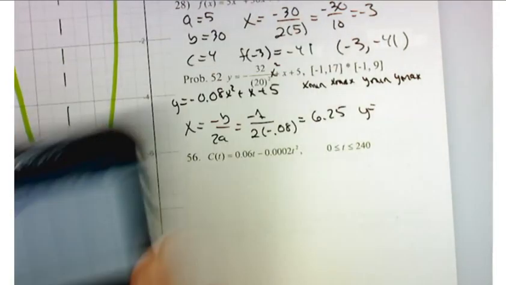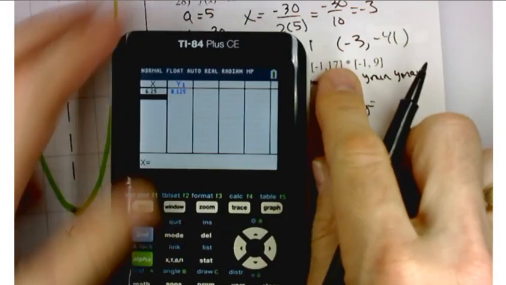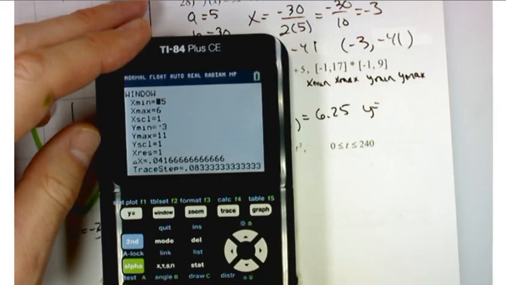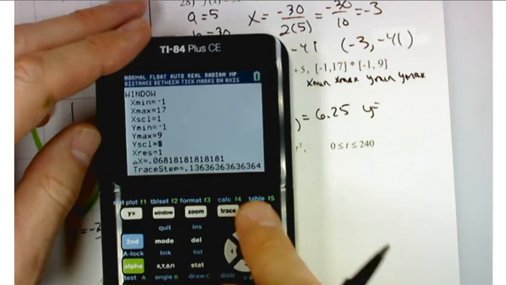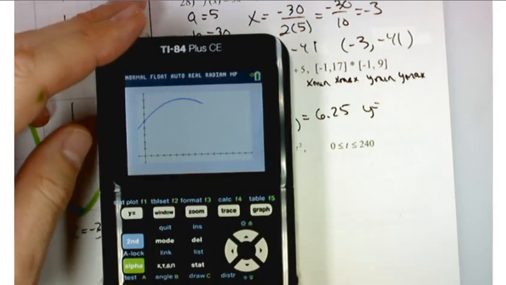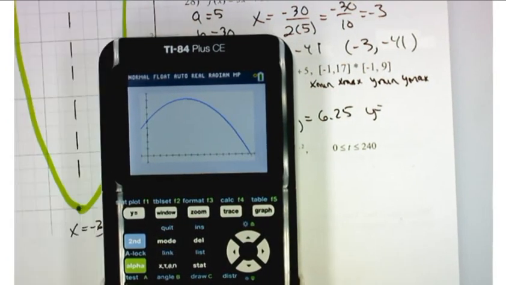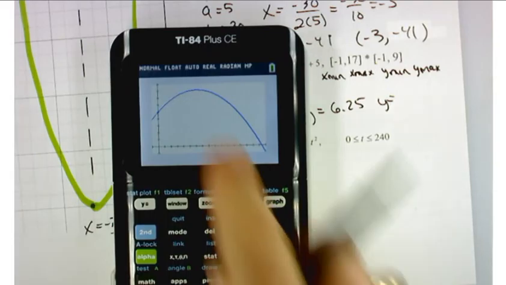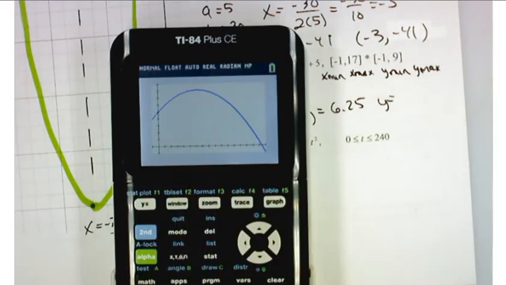Let's set up the window per suggestion. So let me set my window from -1 to 17 along the x-axis and from -1 to 9 along the y-axis, and take a look at its graph. There's a couple ways you can find that maximum point.